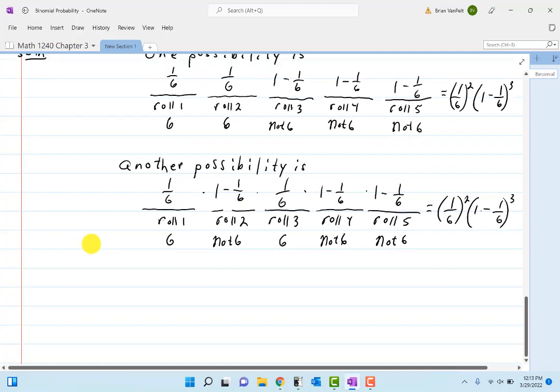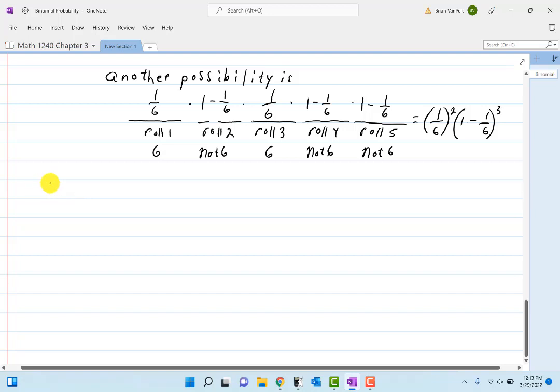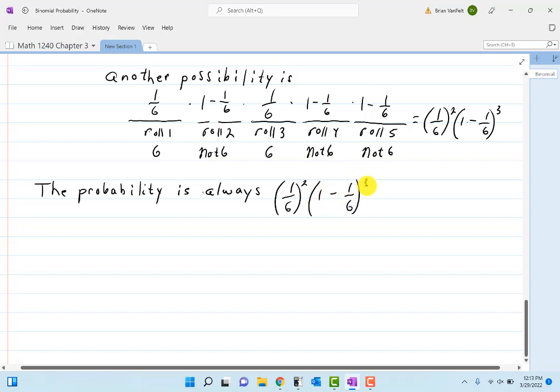So no matter what, the probability is always 1/6 to the second times 1 minus 1/6 to the third for each and every one of the 5C2 possibilities.